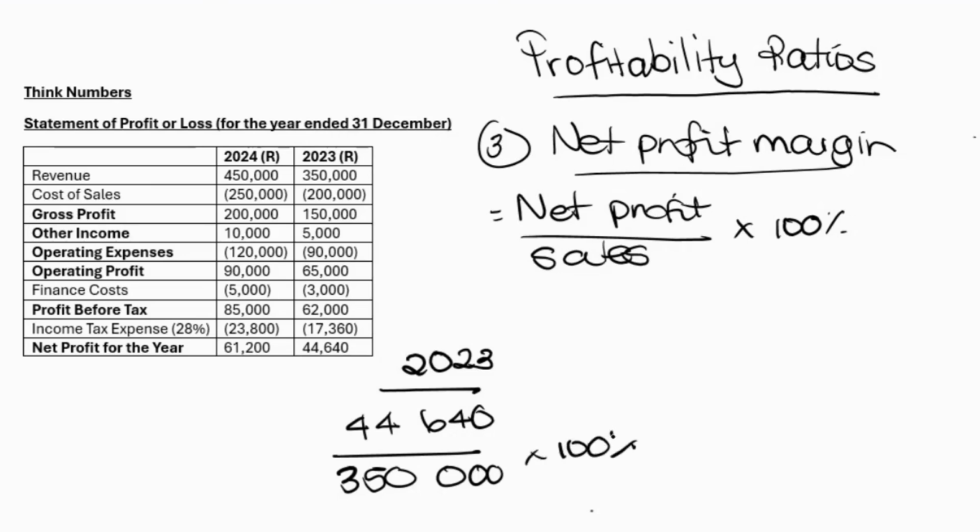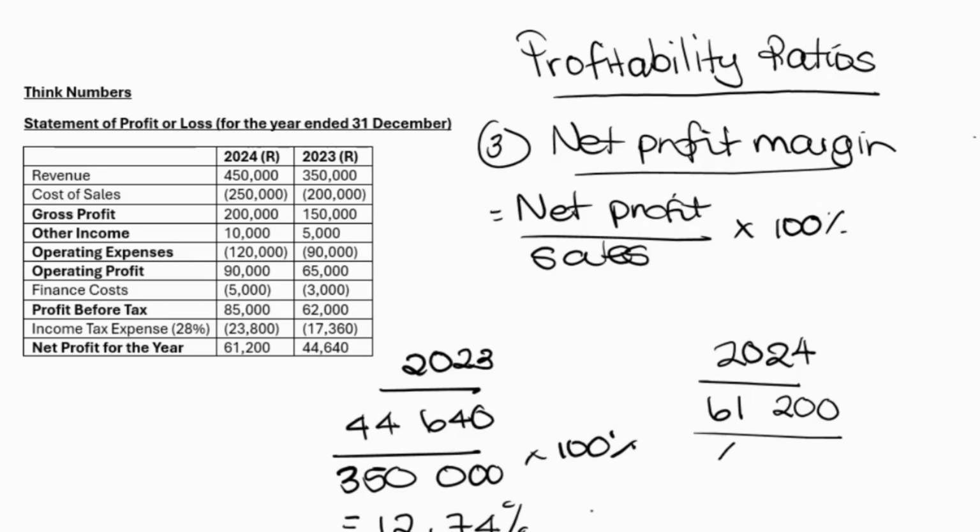Multiply that by 100%, then you'll see that our net profit margin was 12.74% in 2023. Do the same for 2024, where our net profit was 61,200 divided by my sales of 450,000. And then it's a margin, so multiply that by 100% to get it to a percentage.